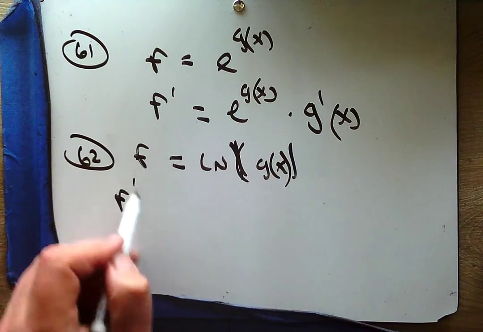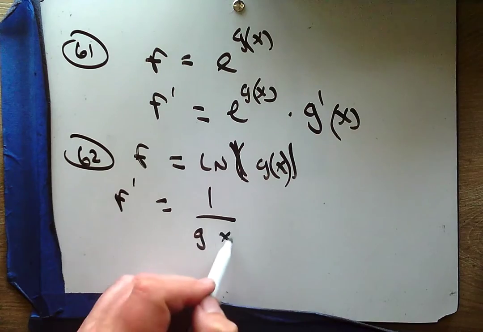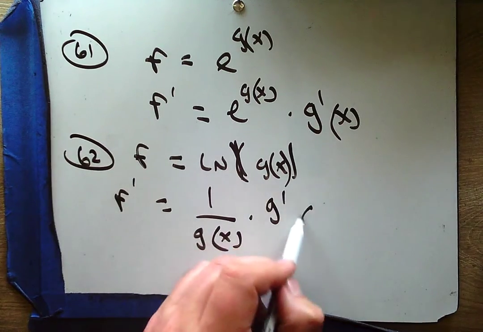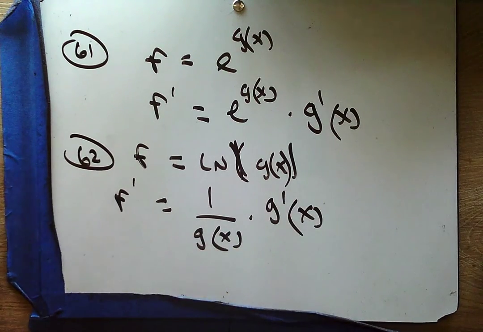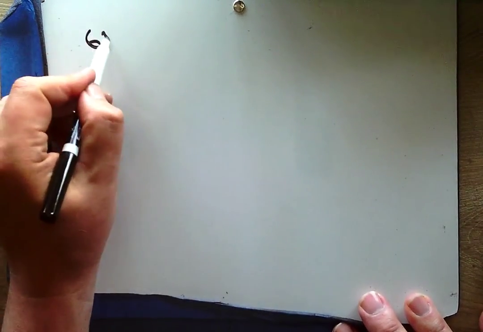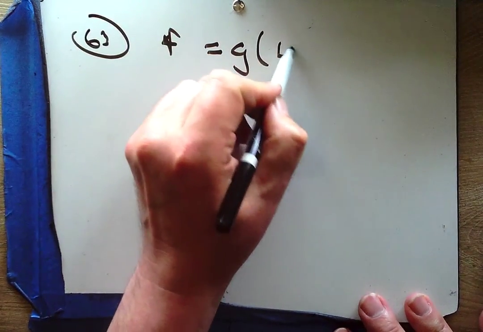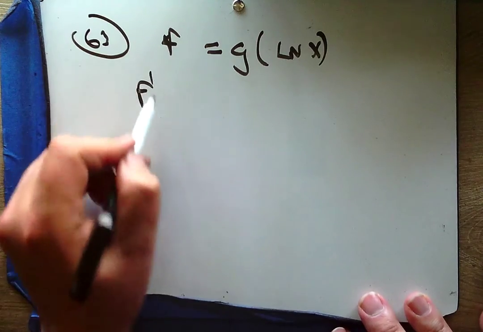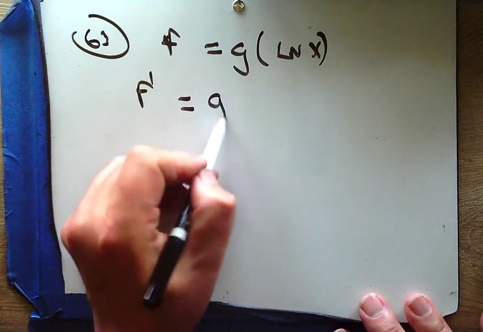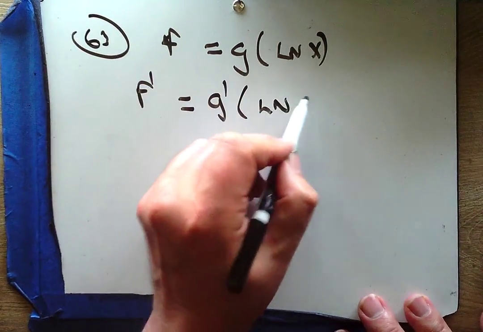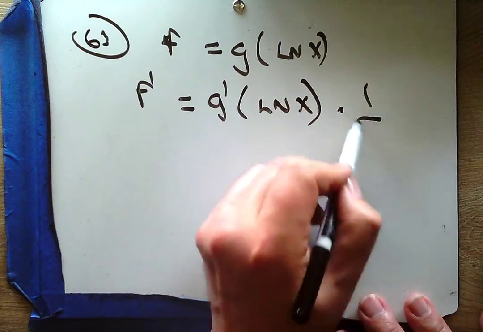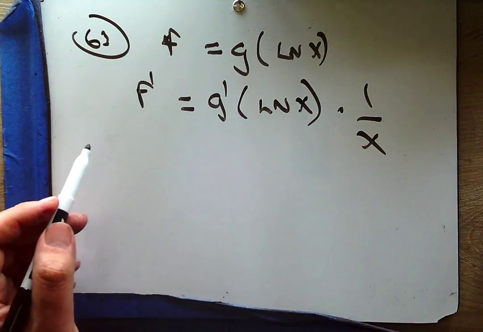And so we know f prime is 1 over stuff times the derivative of stuff. And 63 says f equals g of ln of x. So f prime, take the derivative of the outside, leave the inside alone, times the derivative of the inside. Not so bad.